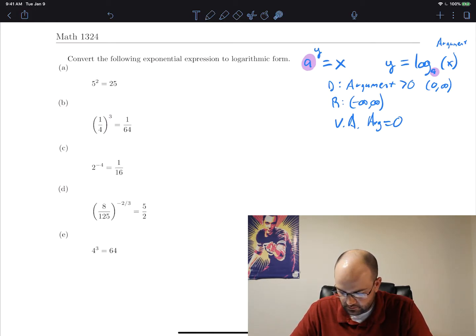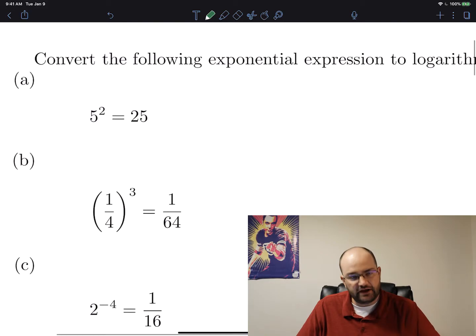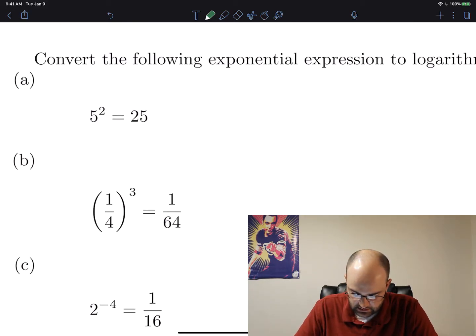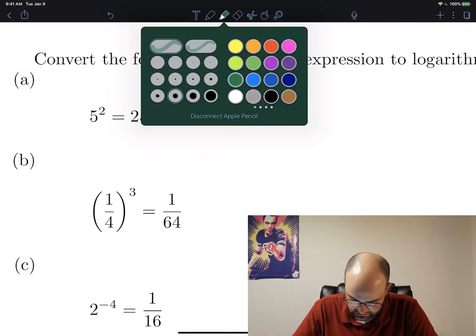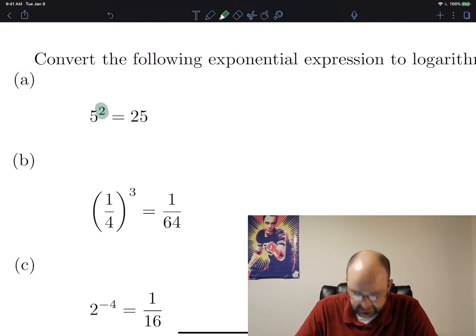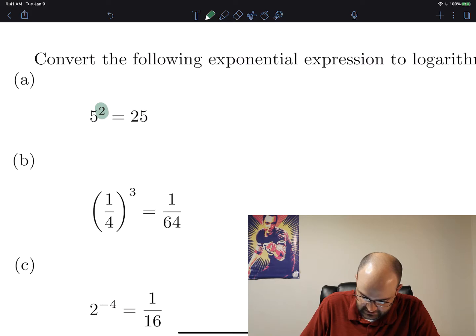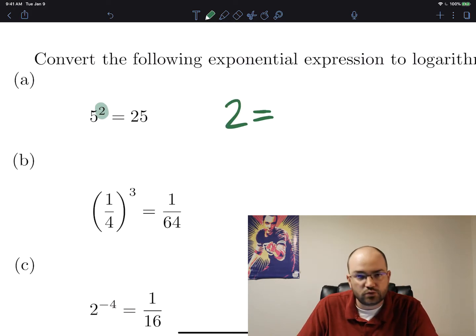But here, we're just practicing this, starting here, going to here. So let's do that for each one of these. Starting with a, we have 5 squared equals 25. Now, notice that the exponent here is 2. That means that this 2 is equal to a logarithm.